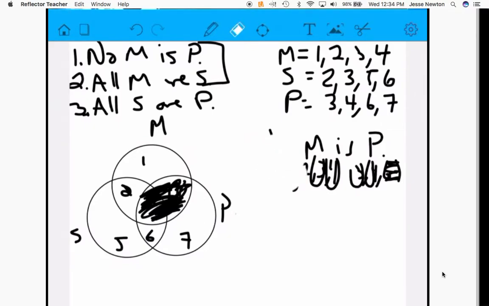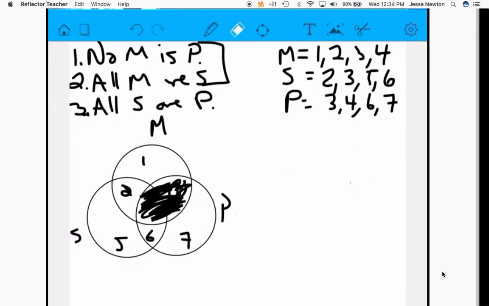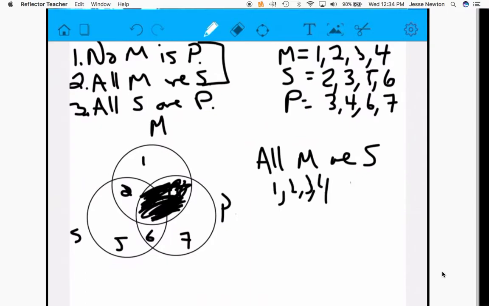And then we're going to do premise 2. All M are S, and M is 1, 2, 3, 4. Just out of curiosity, what's the mood and figure of this argument? It would be EAA-3, just in case you're wondering.